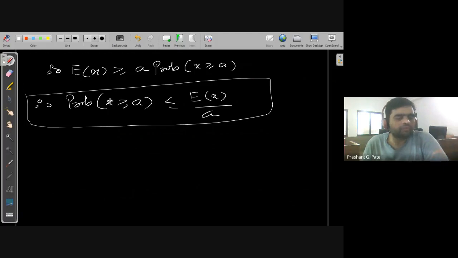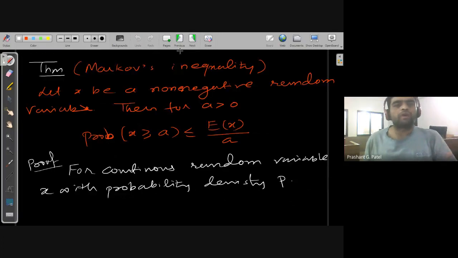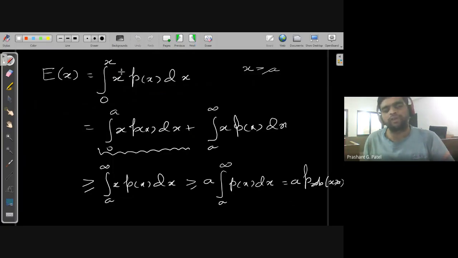The same proof works for the discrete random variable. Here we have worked with the continuous random variable. Instead of that, if we work with a discrete random variable, you have a summation sign here, running from 0 to x, and then you split the things. Instead of integration you will have a summation. So nothing is changed.